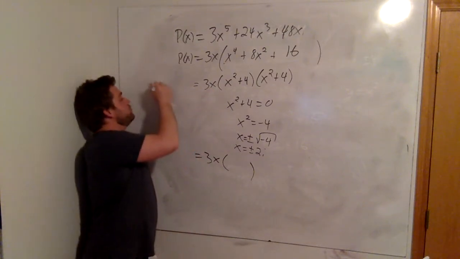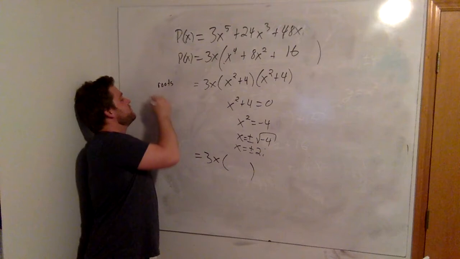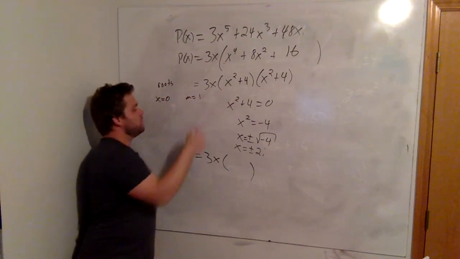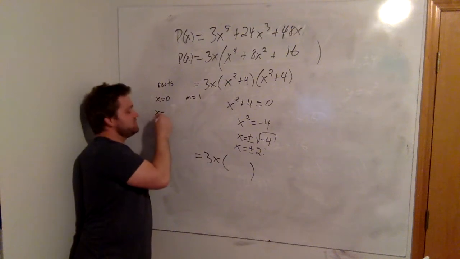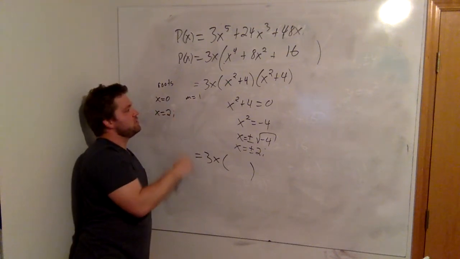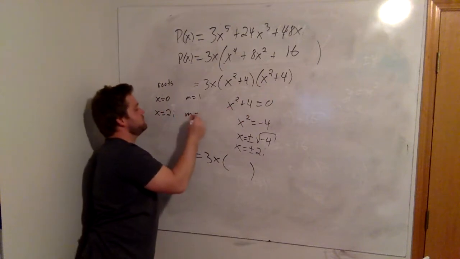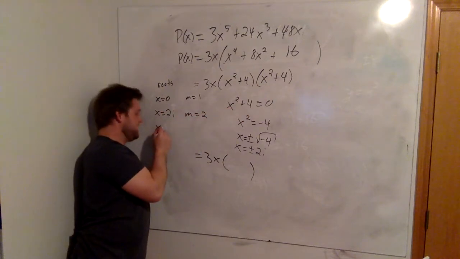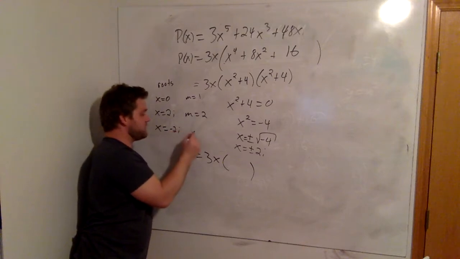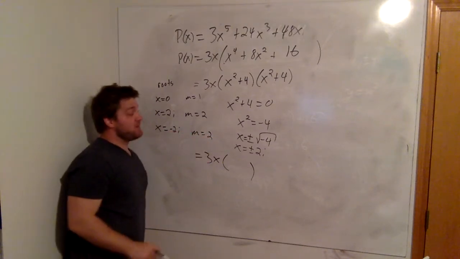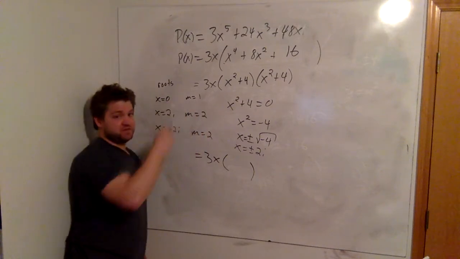One of my roots is x equals 0, which will have a multiplicity of 1. I'm going to get x equals 2i as a root, one of the 2i's from here and one of the 2i's from here. This will have a multiplicity of 2, and I'll also have x equals negative 2i, which will also have a multiplicity of 2. So it does have 5 roots if I count multiplicity.